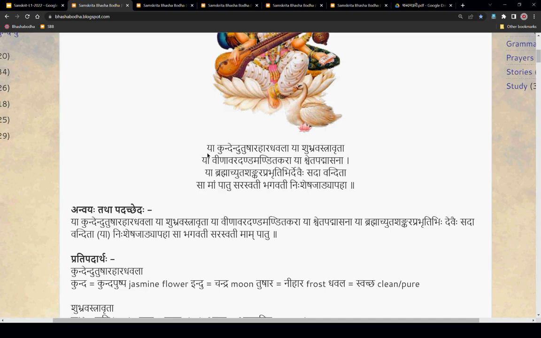When we read that, it should be continuous reading without pause in between, even between words. So when I read this, it should be Ya kundendu tusharahara dhavala ya shubhravastravruta ya veenavara dandamanditakara ya shweta padmasana. Break. Then now we can take a pause.